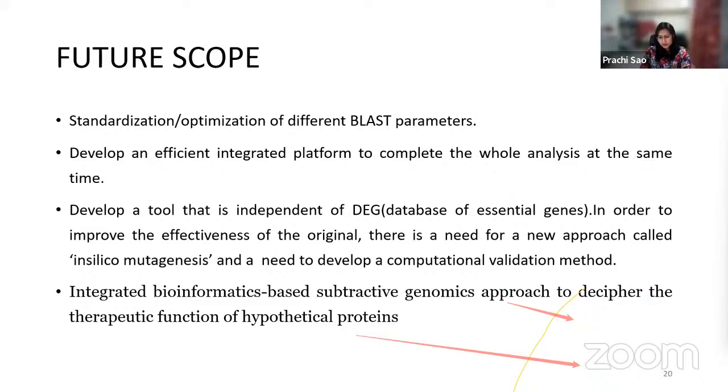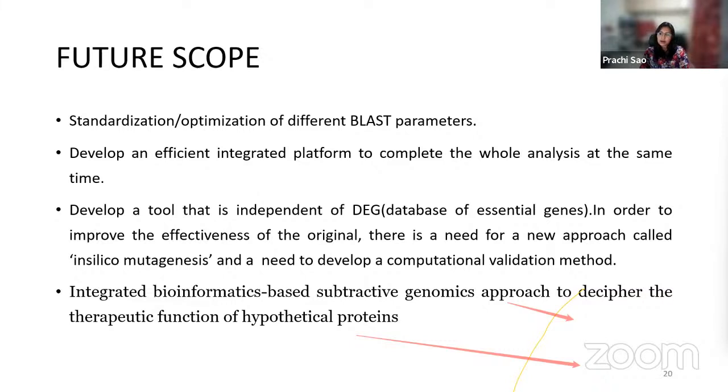Then we can also make an integrated bioinformatics-based genomic approach, where we can do a study of hypothetical proteins. Because if we take any bacteria at random, we will get some 30 to 40% hypothetical proteins. So these hypothetical protein studies can be converted into a good tool, where we can find various hypothetical proteins and classify which can be modeled, which cannot be modeled, or for which we can do the annotation.